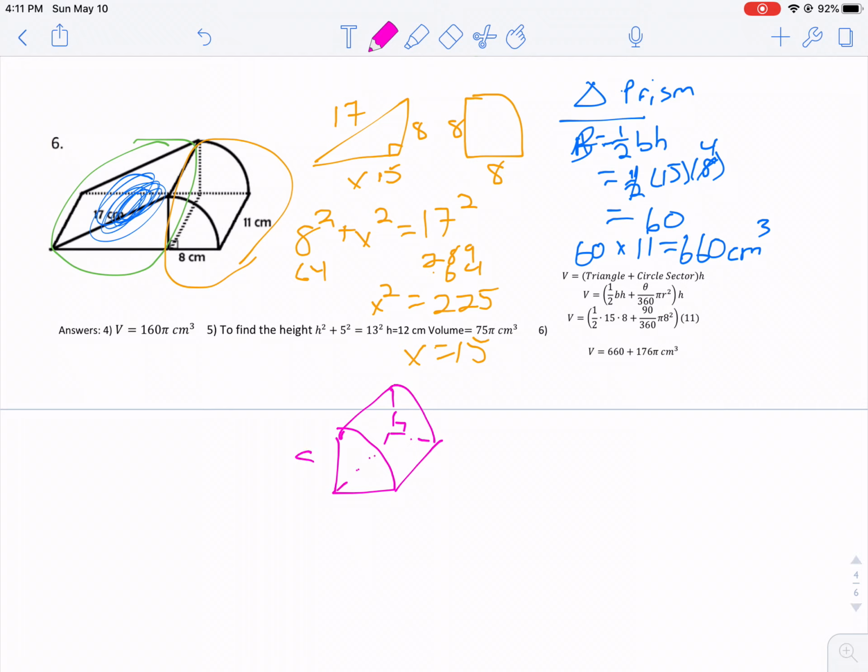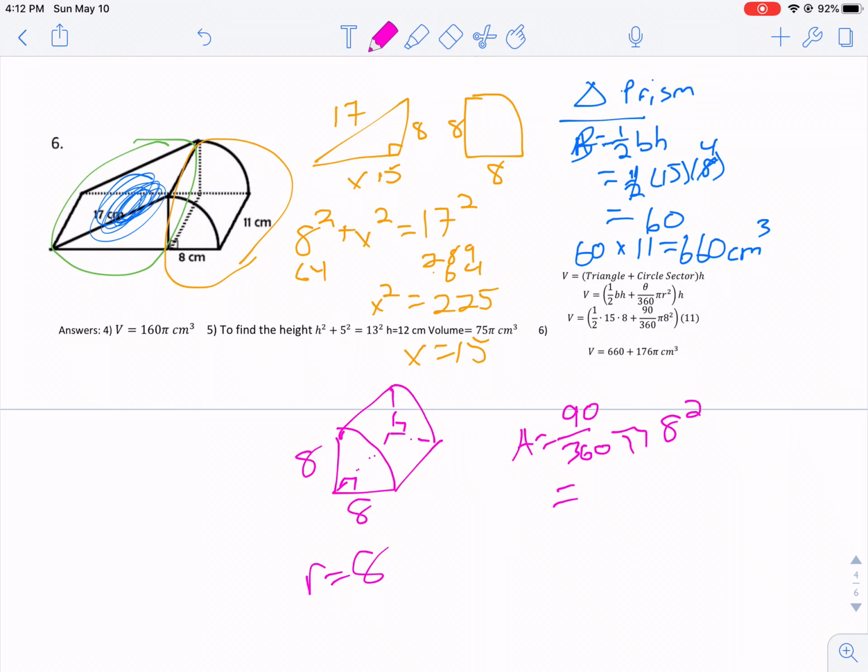And we know it's 8 and 8, so that means the radius is 8. So my area is going to be pi times 8 squared, but we don't have a full circle. We only have a quarter of a circle, so we're going to take that 90 degrees over the total 360 degrees.